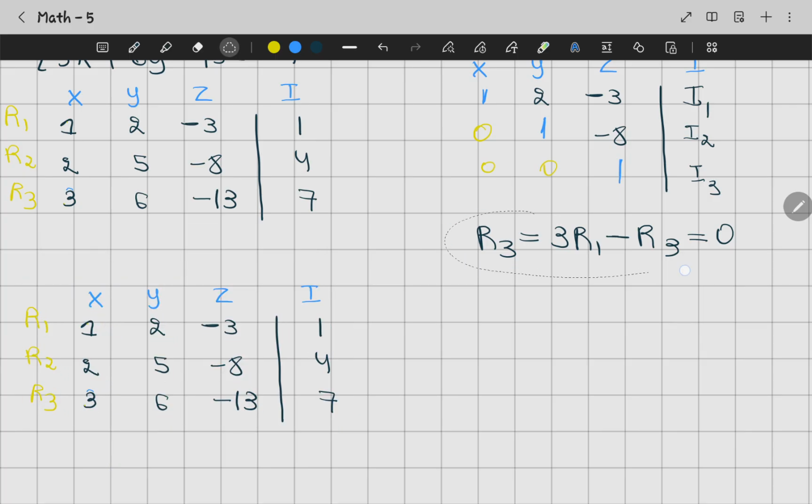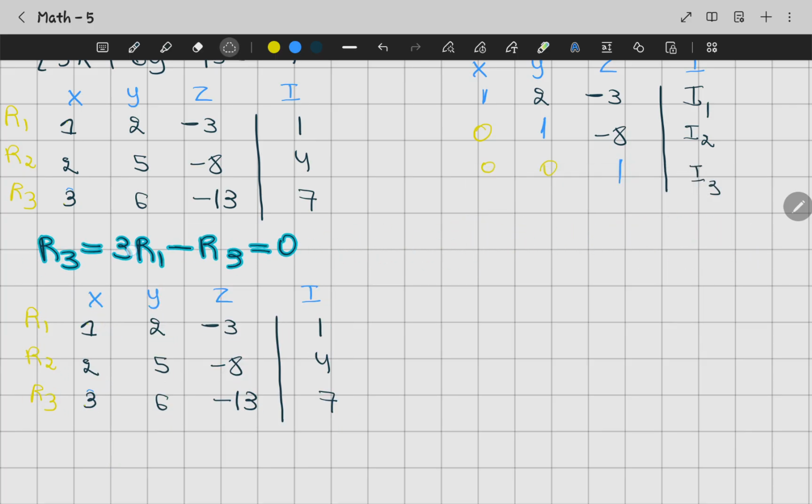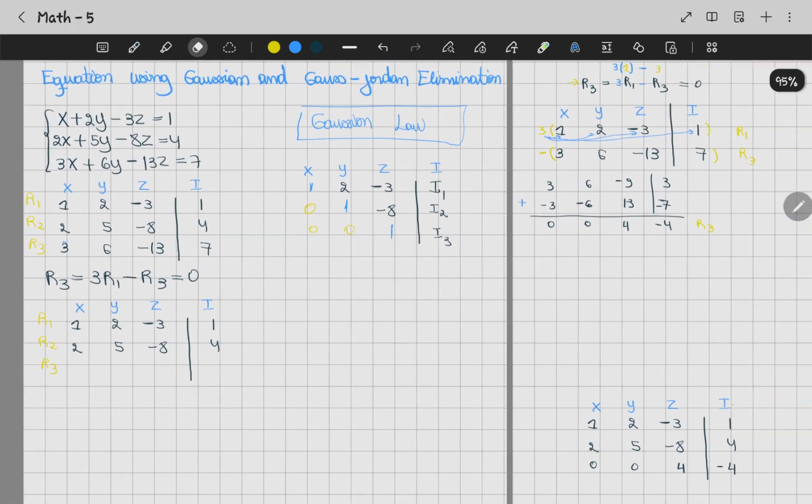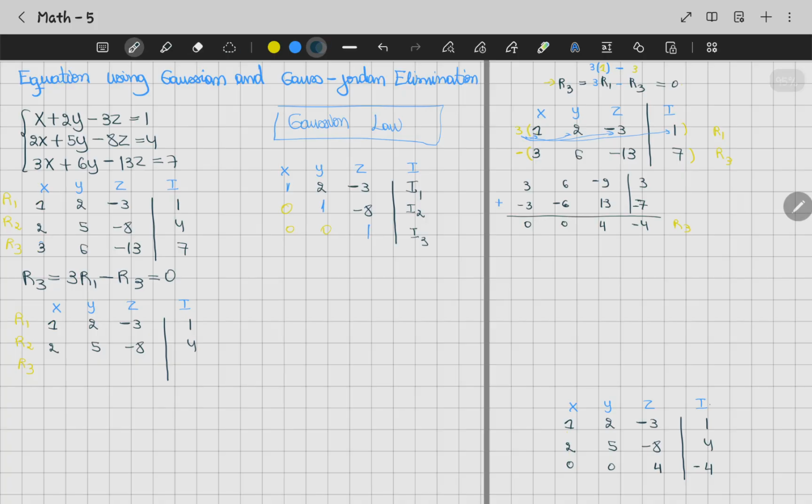Okay, so this is what we have, and after applying this formula, we derive with, I'm going to remove what we have here. So we're going to have 0, 0, 0, 4, negative 4.